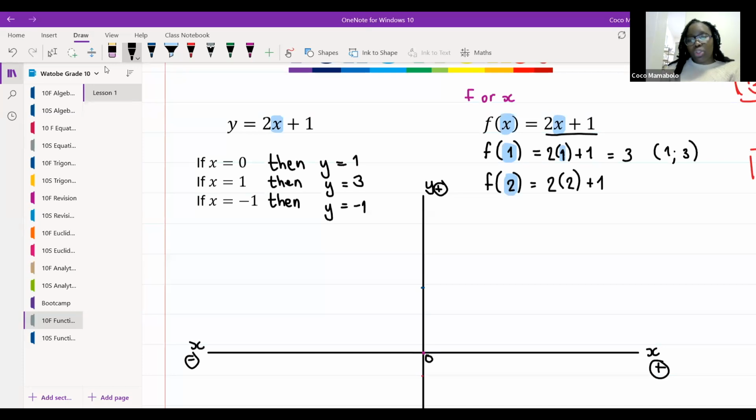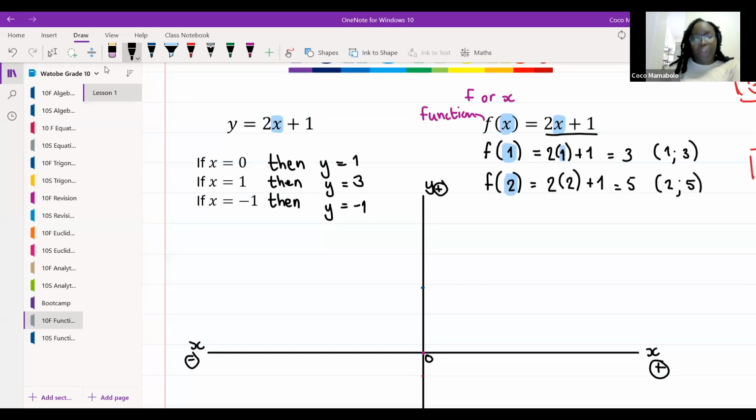And then we're going to go 2 times 2, which is 4, plus 1 is equal to 5. F stands for function. It stands for the word function. So that means when my x value is 2, my y value is 5.